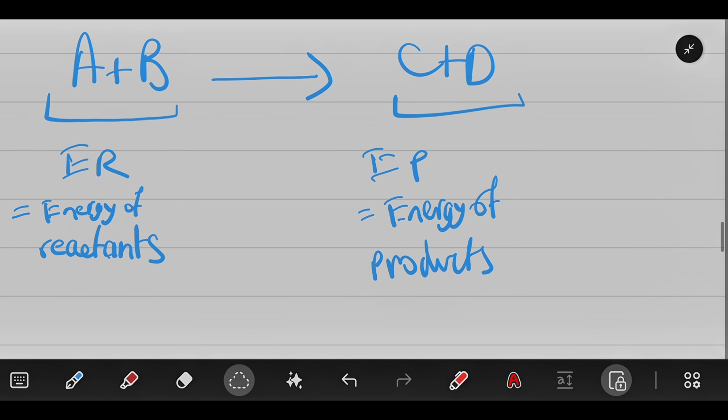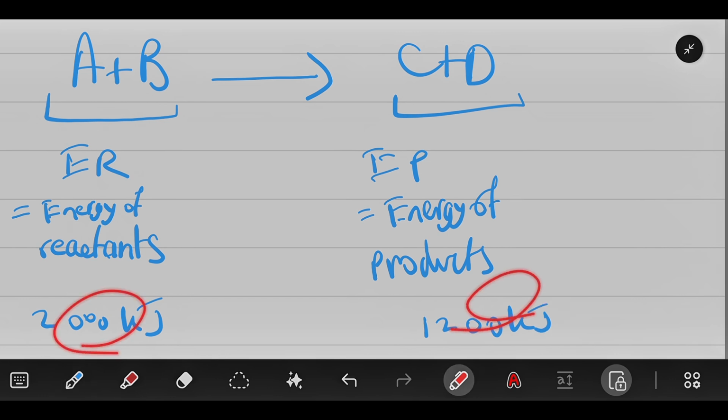For example, if I say that the reactants over here have an energy of 2000 kilojoules. This is just a made up number, so don't worry about it. Now assume that the products have an energy of 1200 kilojoules. This is the combined energy we're talking about for the products and the reactants.